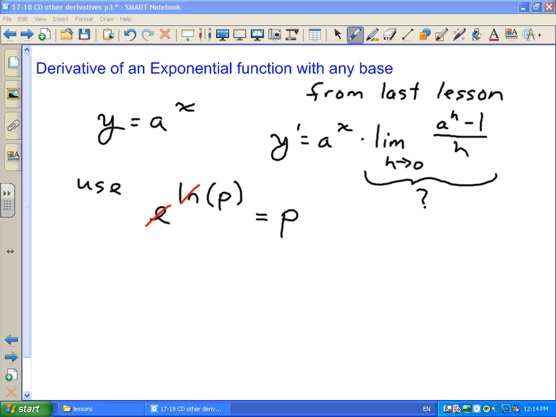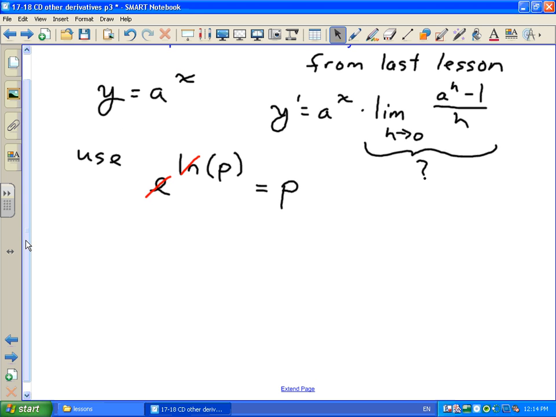So we can use that to rewrite our original function a little bit. We start with y equals a to the x, and I'm going to rewrite that as something with the base e, because I know how to do derivatives if my base is e. So I'm going to write this as e to the ln of a to the x, because the e and the ln will cancel out. I'll just be left with my original function.